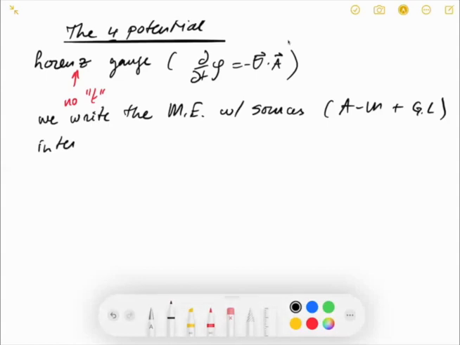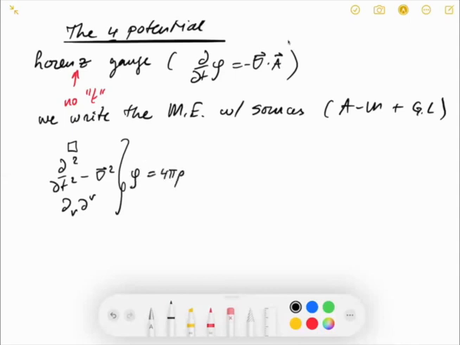In the following form. So we got the D'Alembertian, or we can write it as d/dt squared minus the Laplacian squared, or we can write it like this. Let me actually write this new. All of those acting on phi was 4 pi rho.